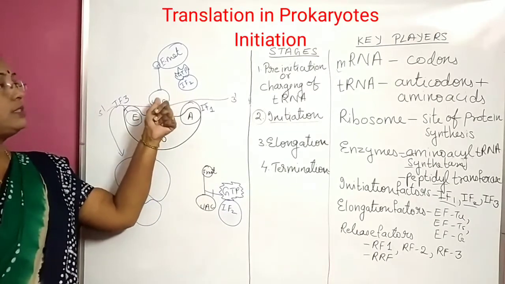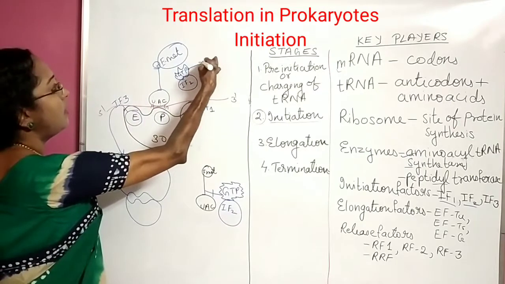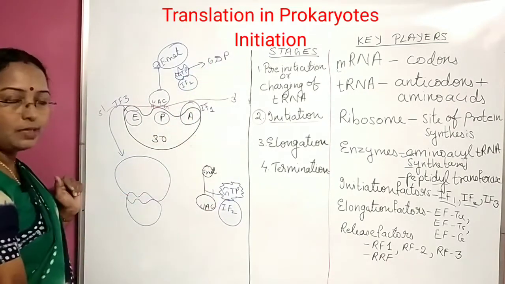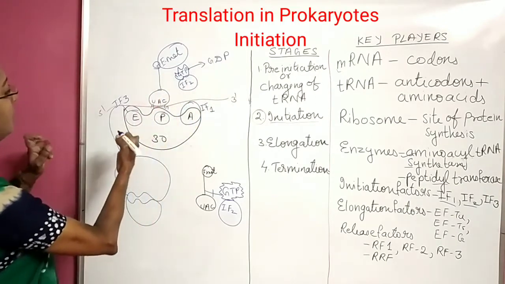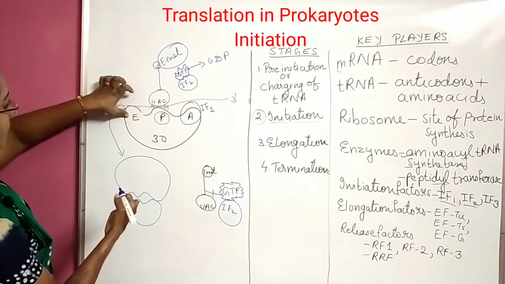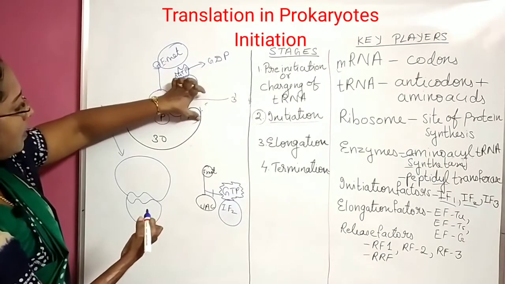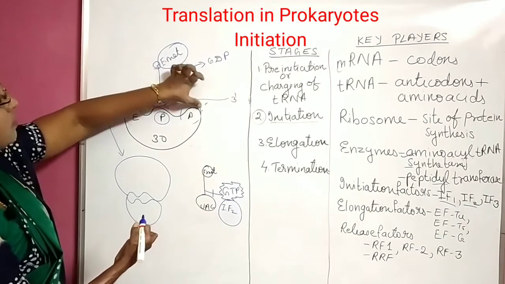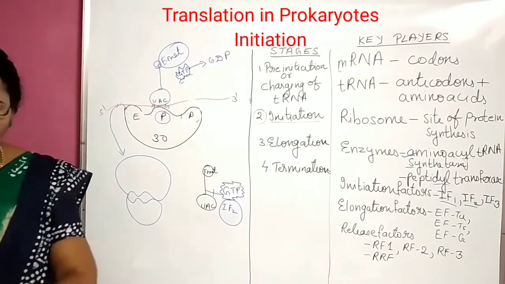Once the initiator tRNA comes and binds, this GTP will be hydrolyzed, or converted to GDP. Once the GTP is converted to GDP, these factors, IF3, IF1 and IF2, leave this space. Their role is over.